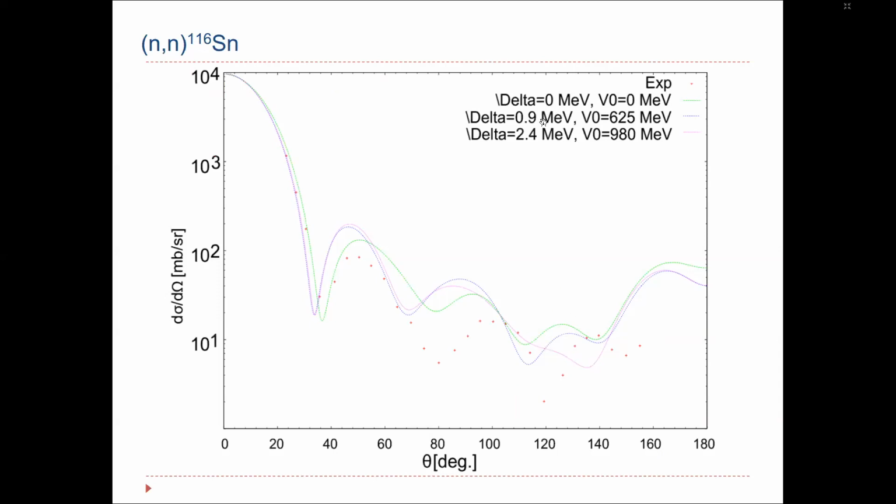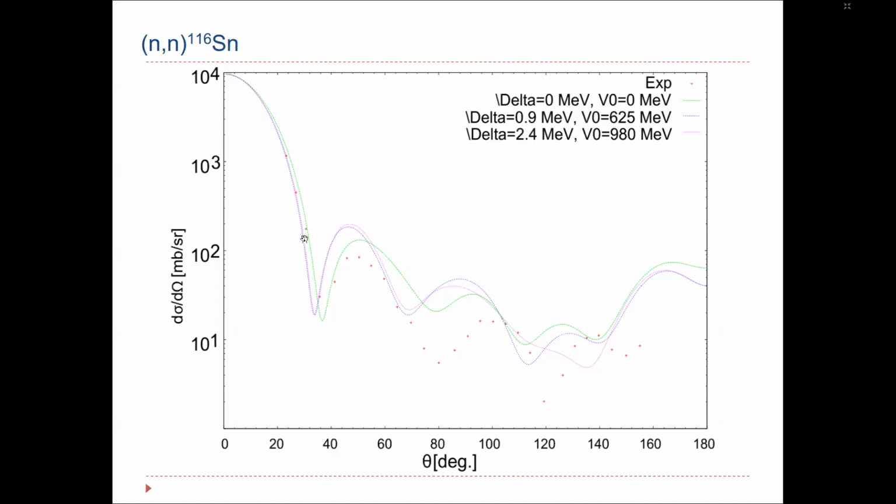And if I increase the pairing gap in the QRPA calculation, the residual interaction, delta is around 1 MeV, and the corresponding result is the blue curve. And I increase to a crazy value of pairing like 2.5 MeV. This is described by the purple curve.